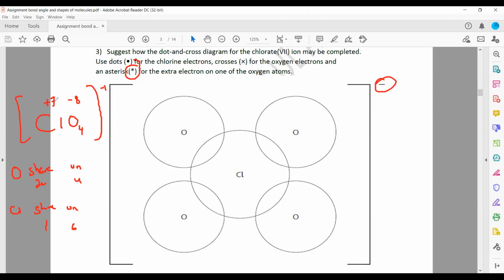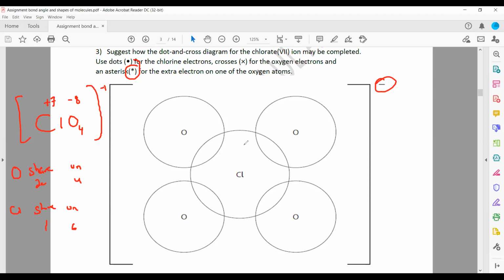When we say chlorine has a charge of +7, this chlorine is actually transferring the electrons. When it has a net charge of +7, it means chlorine is transferring the electrons to oxygen, and it's a dative bond.